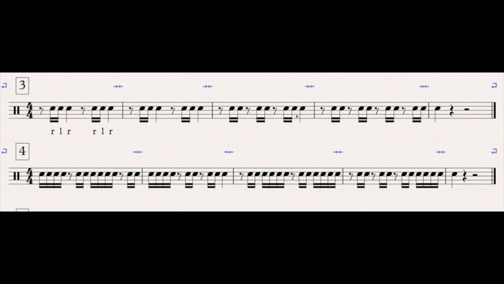Okay, so it's an easy rhythm with the first note missing. 1 tite 2, tite 3 tite 4, tite 1 tite 2, tite 3, tite 4, tite 1.